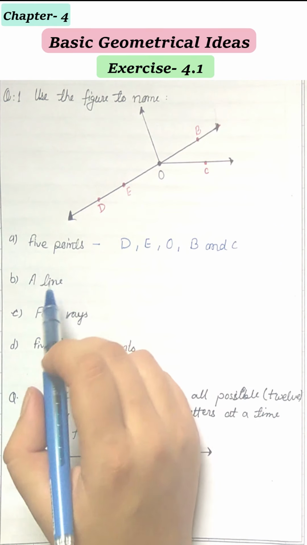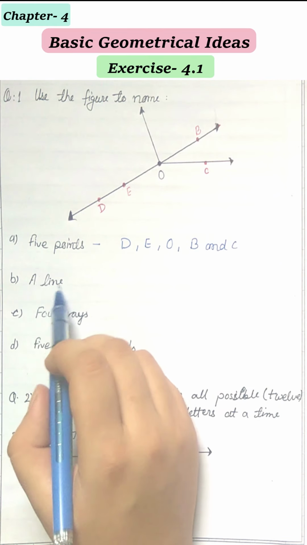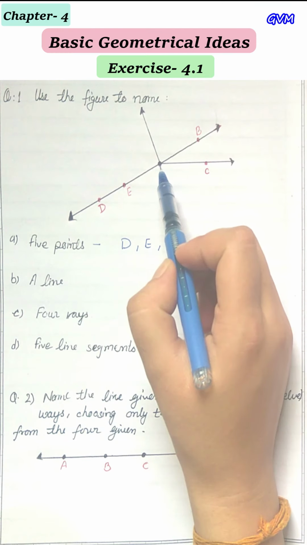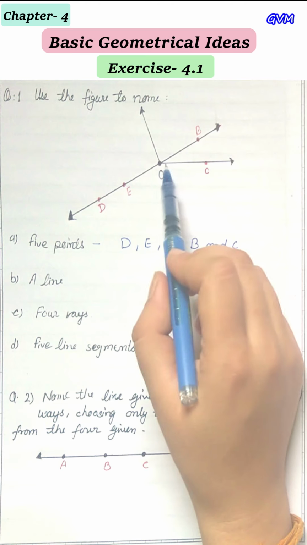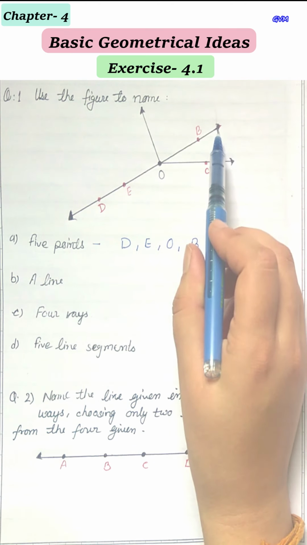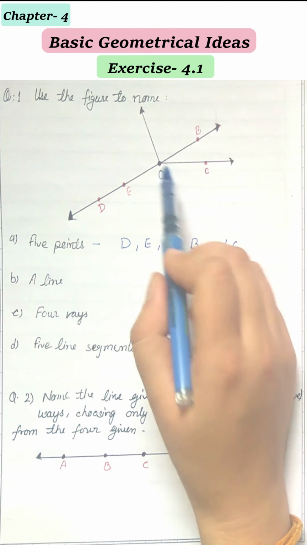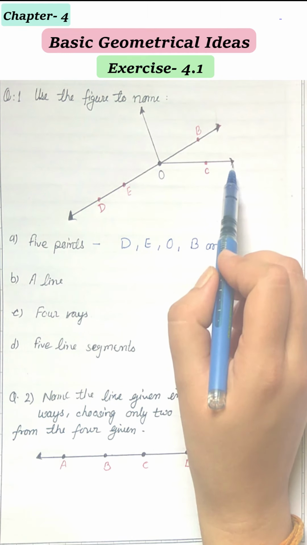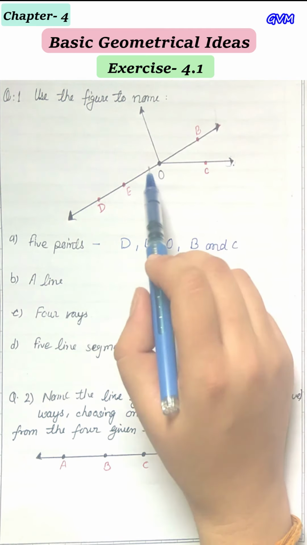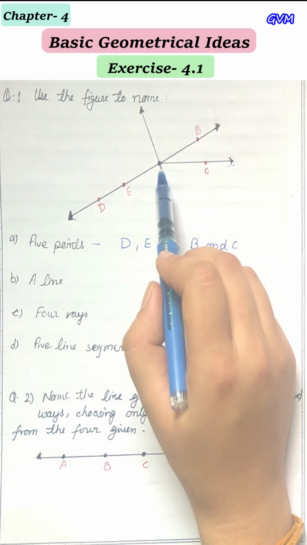Okay. Now B part, a line. So where is a line? If we consider O and C, this is not a line. OB is also not a line. Okay, these are rays because of the symbol we can observe here: at one end it has this continuing symbol, and at one point it has the origin.